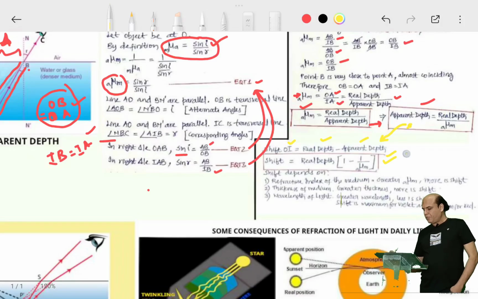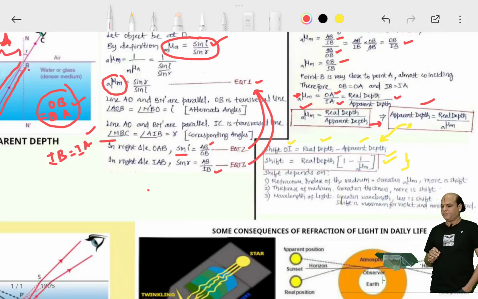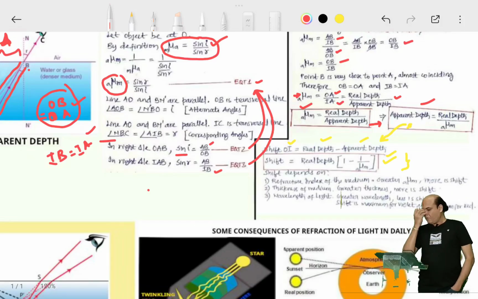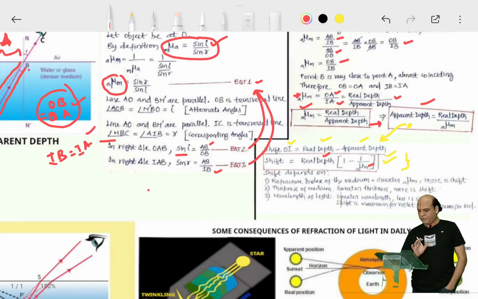So when you look closely at this equation, what do you see? The shift depends on real depth and on refractive index, two factors we already know.